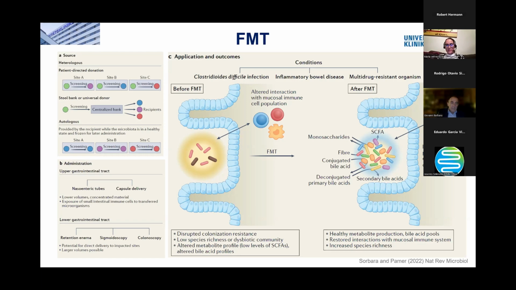Now, if you replete the microbiota through the fecal microbiota transfer or transplantation, then the regulatory capacities of your microbiota are restored, and then your homeostasis is in balance again. This is a very crude description of what we think happens during an FMT.